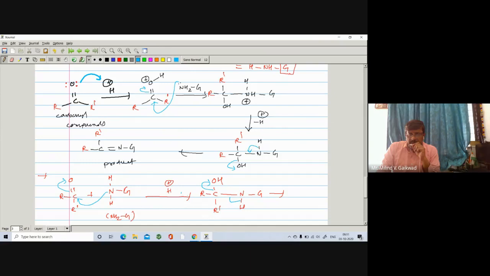So this sigma bond will shift here, formation of double bond, and you are getting such type of addition product. RC, here is R dash, double bond N and G, right? You get such type of compound, right?